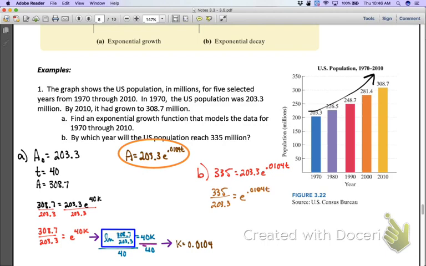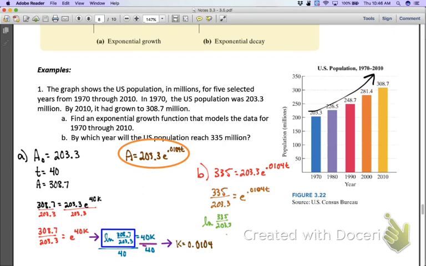I'm still going to turn it into a natural log. So whenever I take the natural log of 335 divided by 203.3, I have about a half.